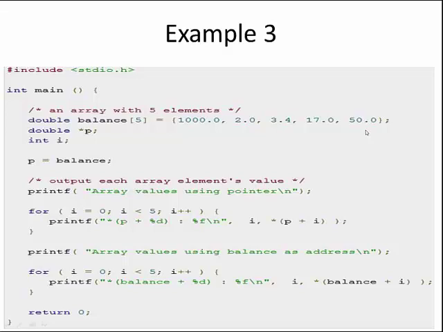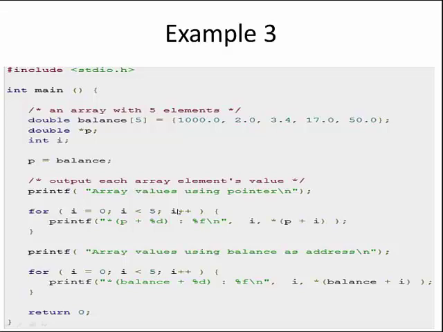Once you store the address of the first element in p, you can access array elements using *p, or star P, then *(p + 1), or *(p + 2), and so on.